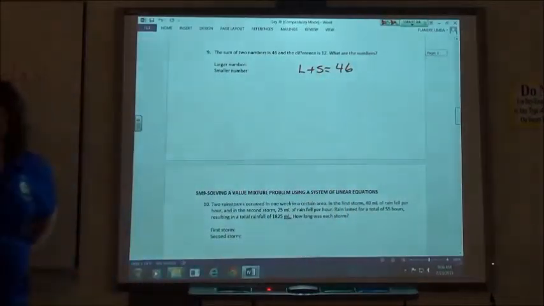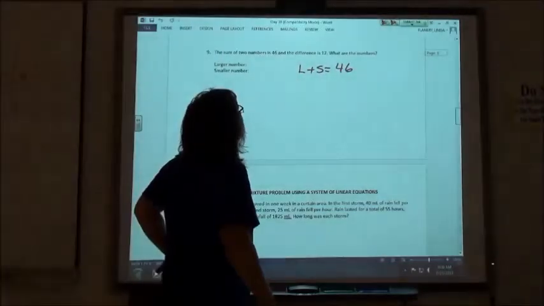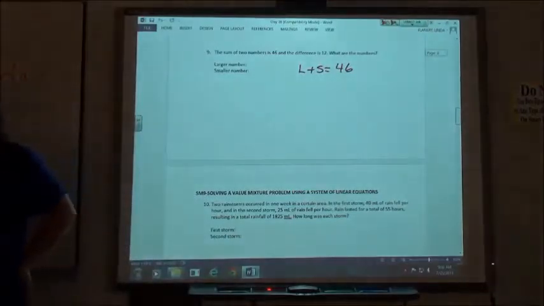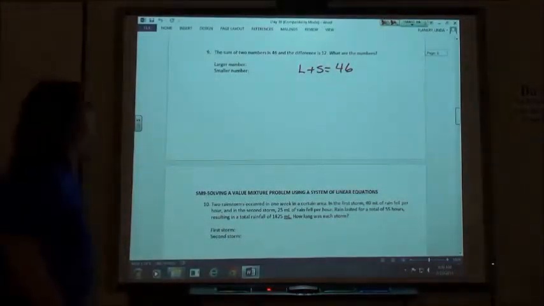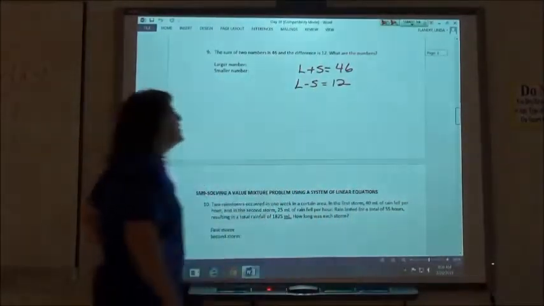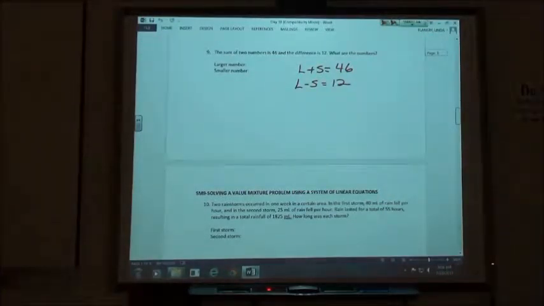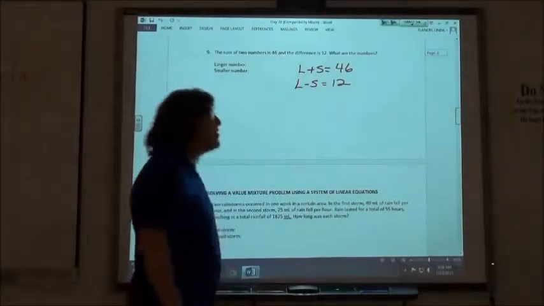If my difference is 12, I would have exactly. Difference means I'm subtracting, so L minus S equals 12. Since I didn't have one written in terms of the other, I have it in standard form, probably the elimination method is the best way to go about solving this one.